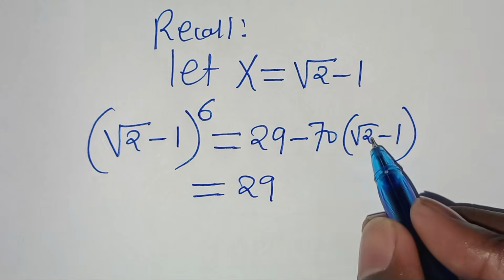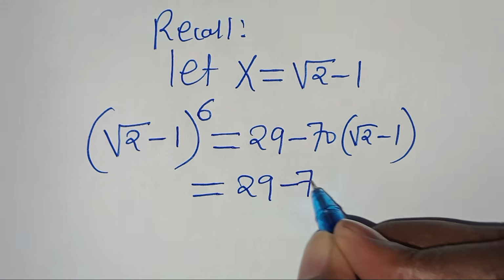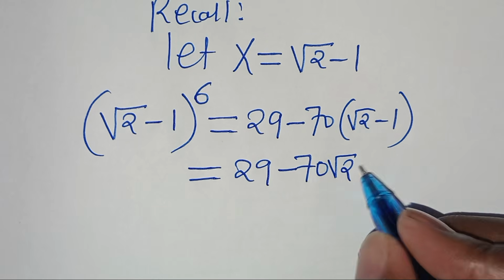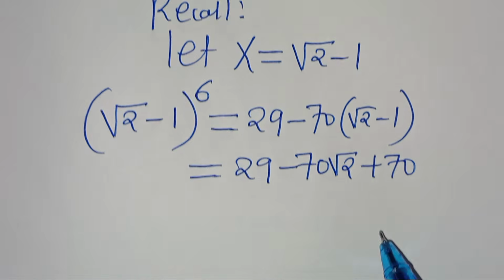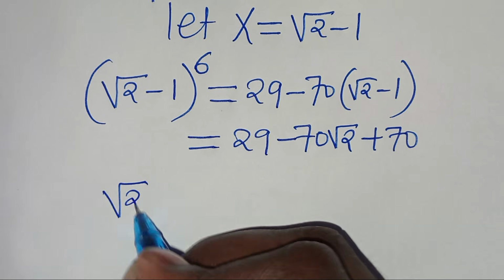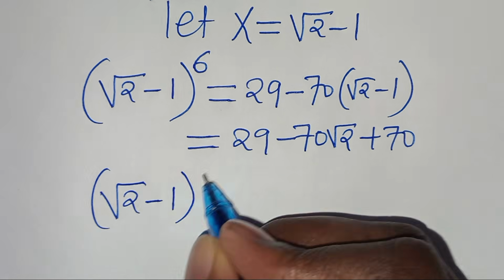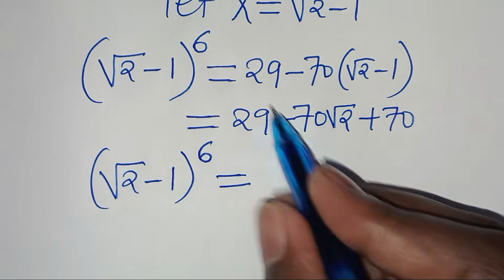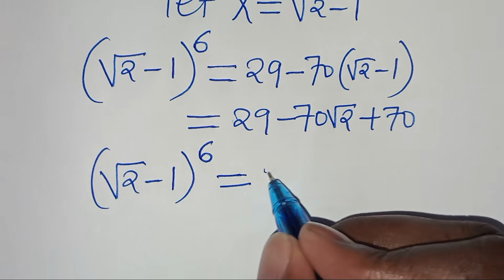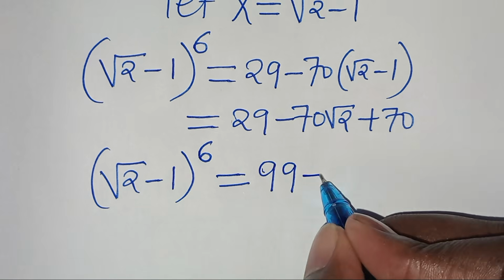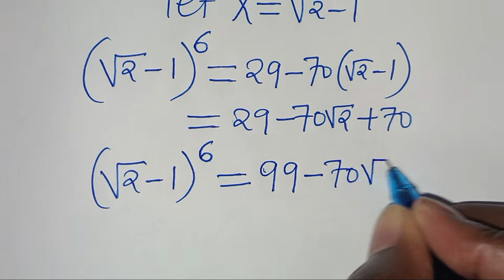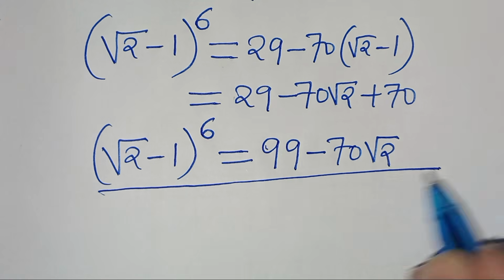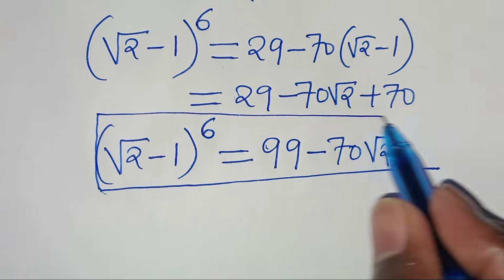This is minus 70 times square root of 2, which is minus 70 square root of 2, then minus 70 times minus 1, which is plus 70. So that square root of 2 minus 1 raised to the power of 6 is equal to 29 plus 70, which is 99 minus 70 square root of 2. And this is the solution to this math problem.